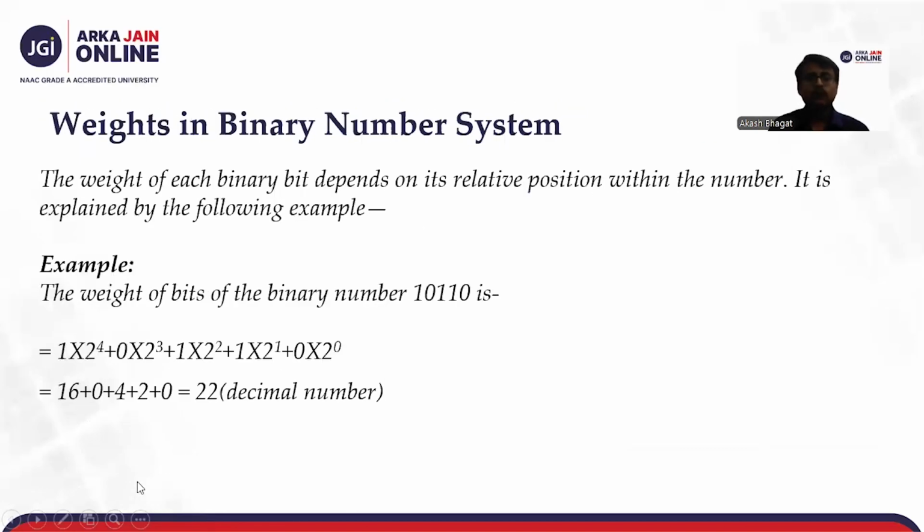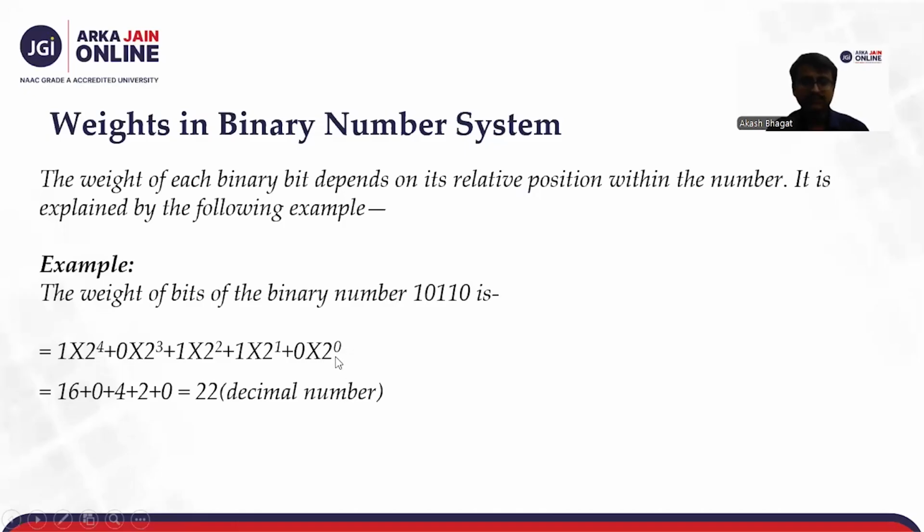Next, weights in the binary number system. What are the different weights available in the binary number system? The weight of each binary digit depends on its relative position within the number. Let us consider an example, the binary number 10110. Write the positions 0, 1, 2, 3, 4 and put them in the power of 2.